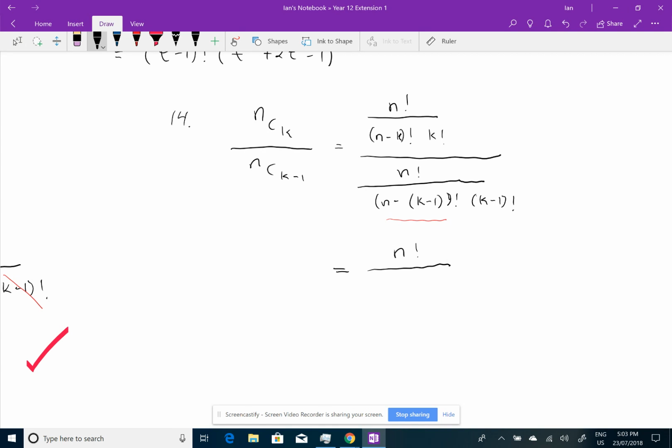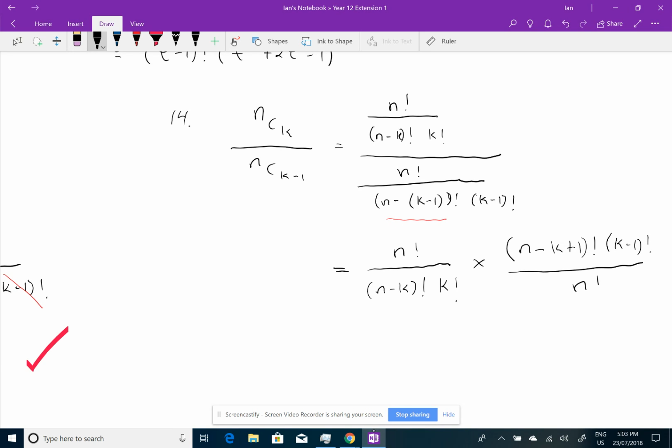So I'm just writing the top bit, so n minus k factorial k factorial. I'm multiplying by the reciprocal. So remember this top bit I said was n minus k plus 1 factorial and k minus 1 factorial and n factorial. Now, my n factorials are going to cancel.